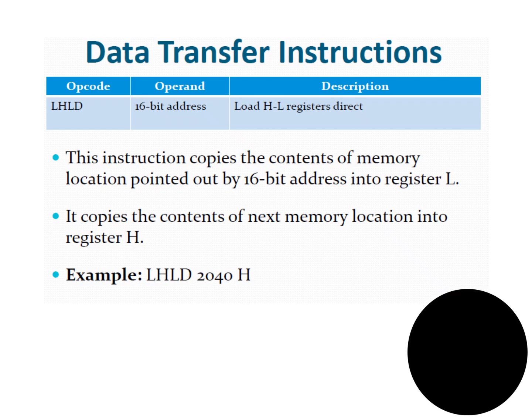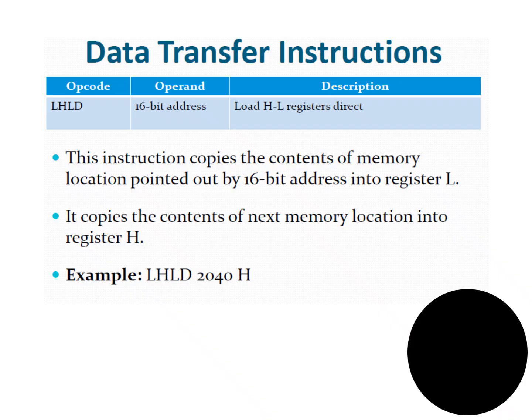I already told you that one 16-bit address holds one 8-bit data, and two 16-bit addresses hold two 8-bit data. Here, from 2040, one 8-bit data will be accessed and moved to the L register, and next it will automatically be incremented by 1, so you will have 2041.